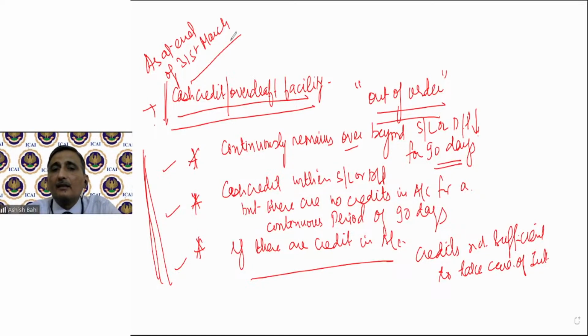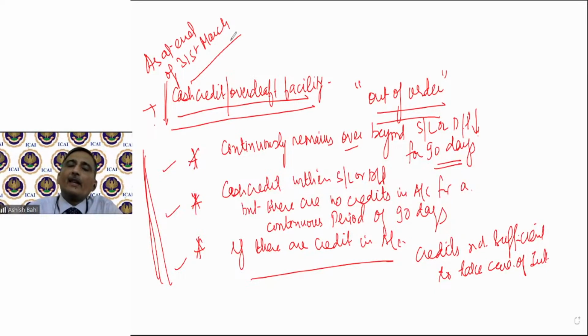Okay. Yes, Namrata, you are asking no credit in account means that say if a company was granted cash credit facility of 1 crore, and say as on 31st December, the balance in cash credit account is, in the books of bank, debit rupees 95 lakhs. But between 1st January and 31st March, no credit has come in the account, no cheque has been deposited, no payment on behalf of the party has been deposited in the bank account.